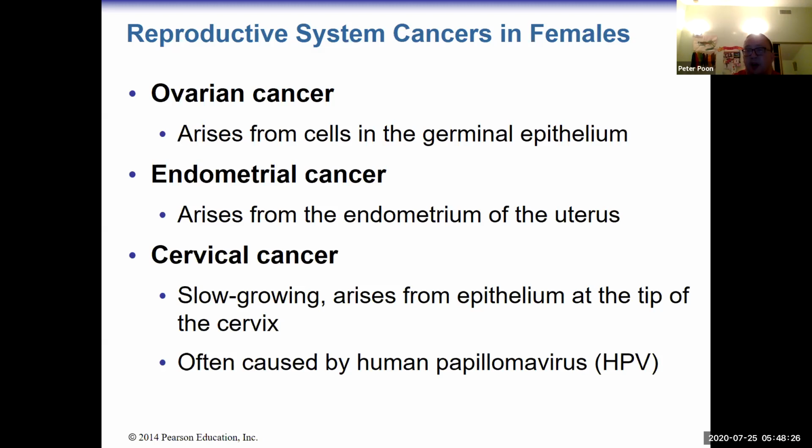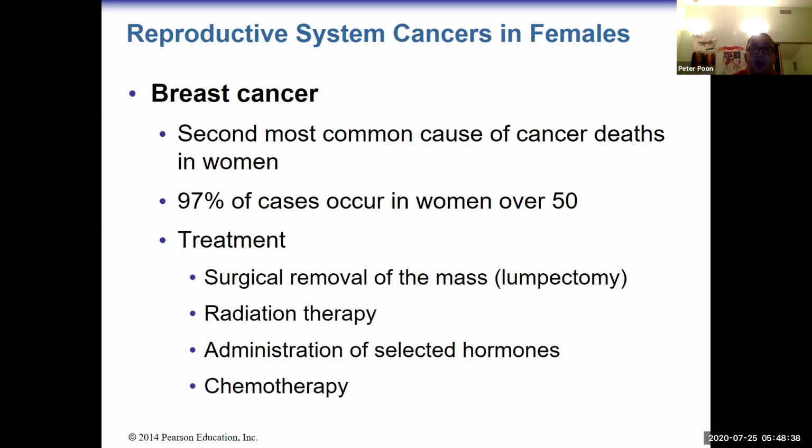Males and females, since for males, while the chance of getting cancer is lower, it is not non-existent, and two, you can give it to the female. Breast cancer is the second most common cancer death in women, second to lung cancer. There are genes that are associated with breast cancer, so if you have a family history of breast cancer, you should check out for those genes. They're called BRCA1 and BRCA2.